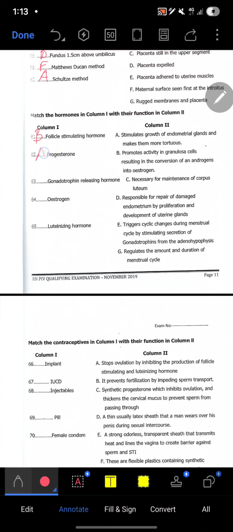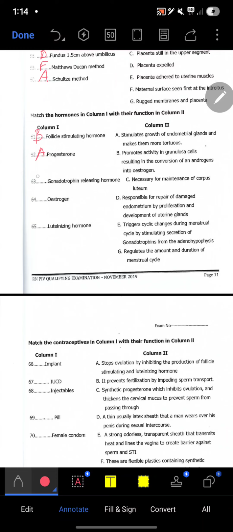The correct answer is A. B says promotes activity in granulosa cells resulting in conversion of an androgen into estrogen. The answer for A says it stimulates growth of the endometrial glands and makes them more tortuous.